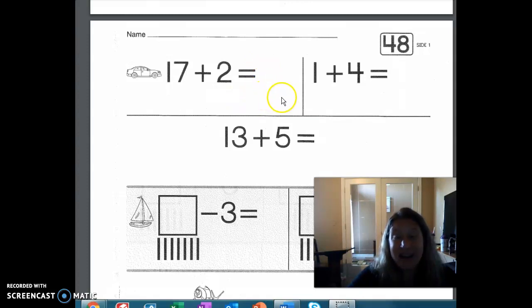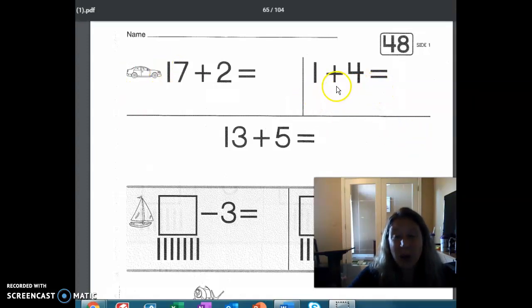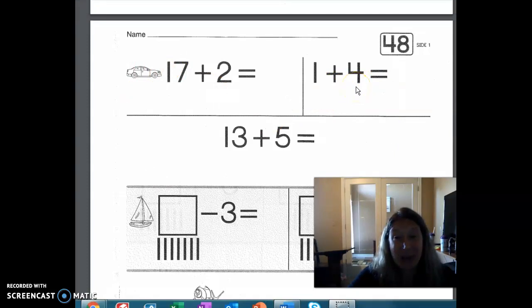A 1 and a 9. Okay, going on to the next problem. Read the problem again. Yes, 1 plus 4 equals. So we are going to plus 4. So that means we're going to make how many lines? 4 lines.